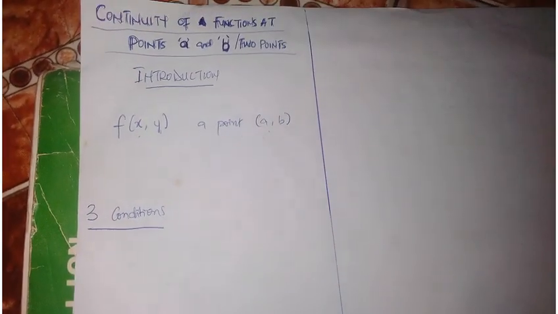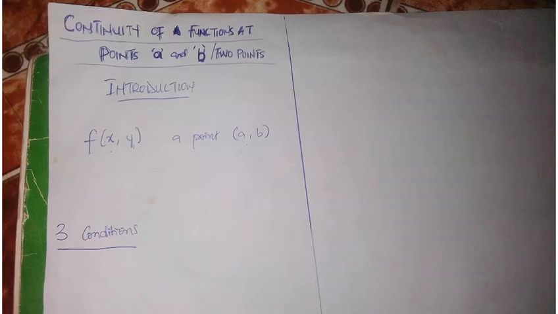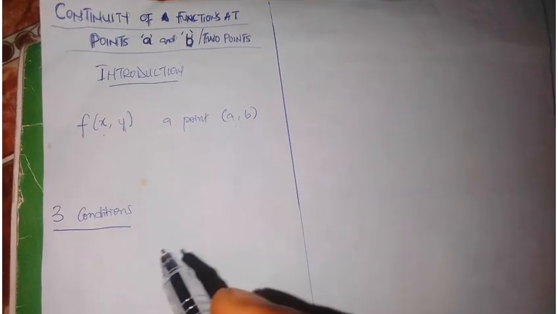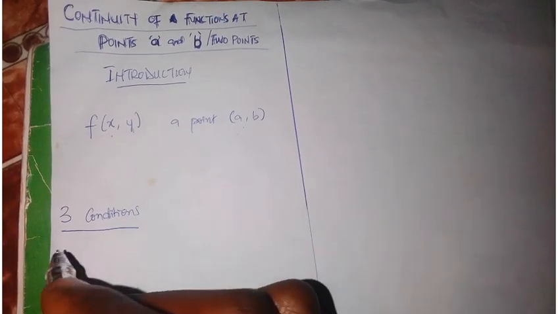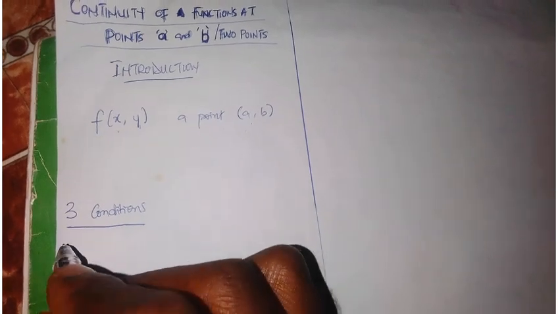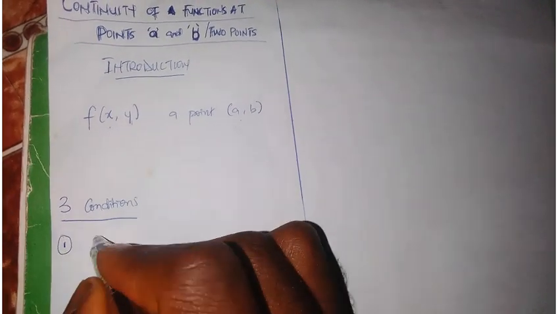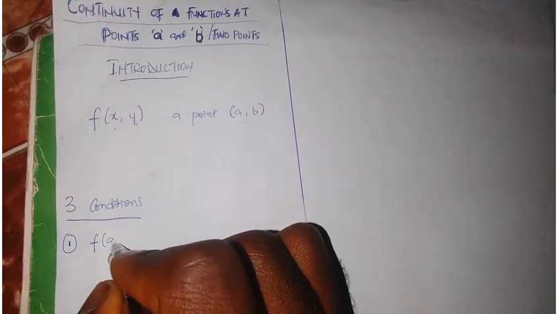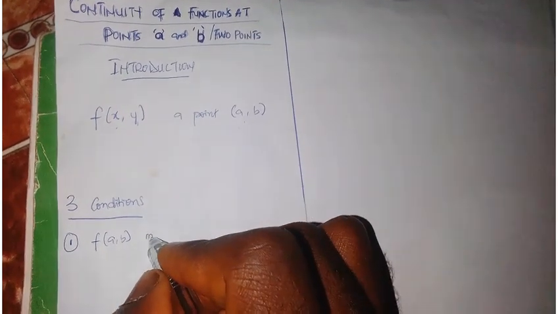To define continuity of a function at 2 points, it's similar. I need these same 3 conditions. The first one is that f of a, b must be defined.